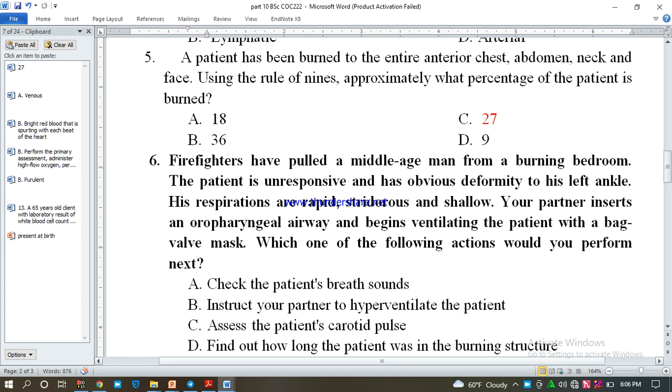Your partner inserts an oropharyngeal airway and begins ventilation with a bag valve mask. Which one of the following actions would you perform next?